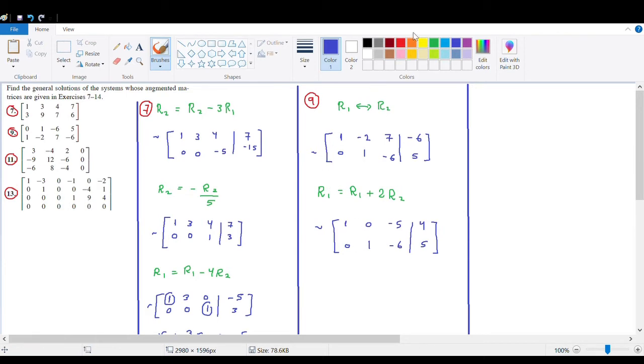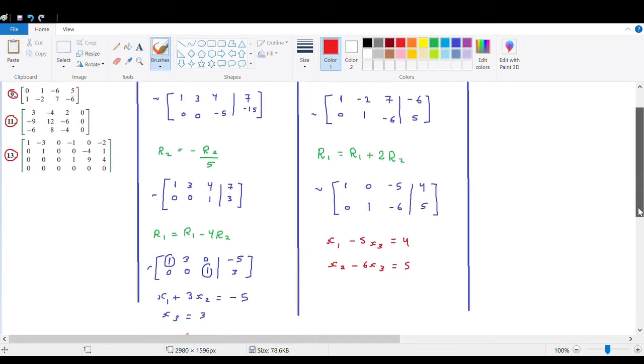So from here it is clear to write the general solution. So x1 minus 5x3 is equal to 4, and x2 minus 6x3 is equal to 5. So it is clear that x3 is free.